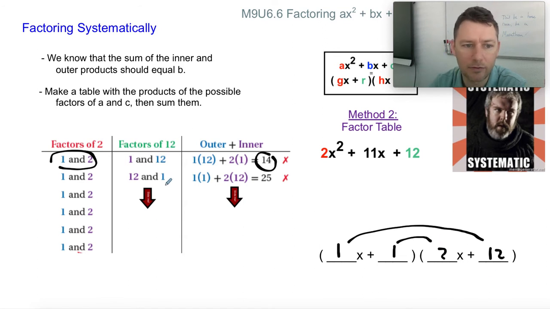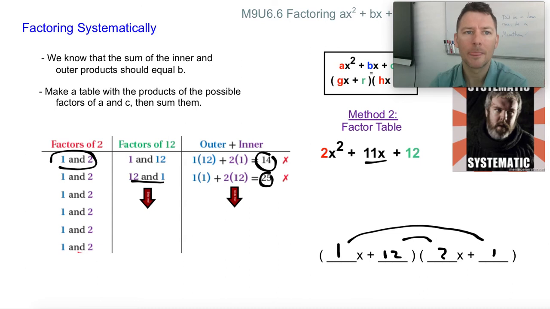And then this one's like, oh, okay, well, maybe we just put them in the wrong spot. So let's move these. It was 1 and 12. Let's make it 12 and 1. So now this is 12 and 1. And so now this is 1x and 24x. So that's 25x, right? And that's not what we're looking for.